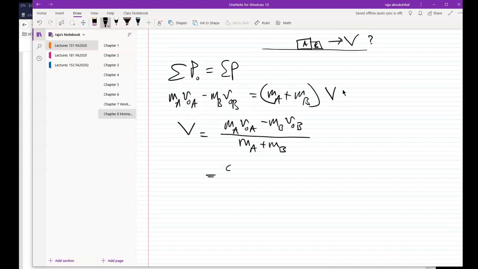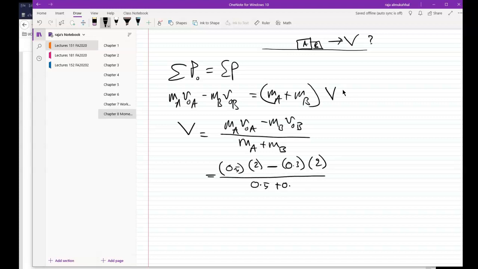So m_A is 0.5, times v_0A, I'm copying from my hard copy here, minus m_B is 0.3 times v_0B, which is 2. I can put a minus there, but I already took care of it right here, right? Divided by the total mass, that is 0.5 plus 0.3. And that's it, you just plug it in.